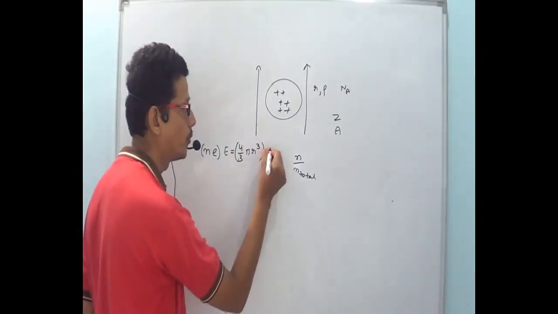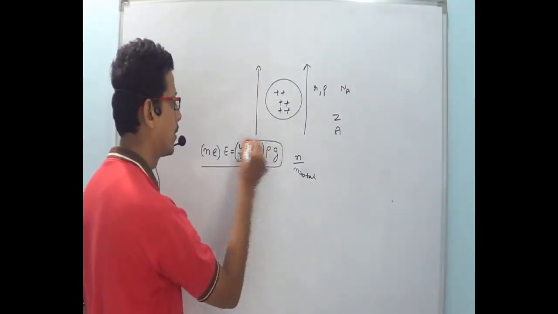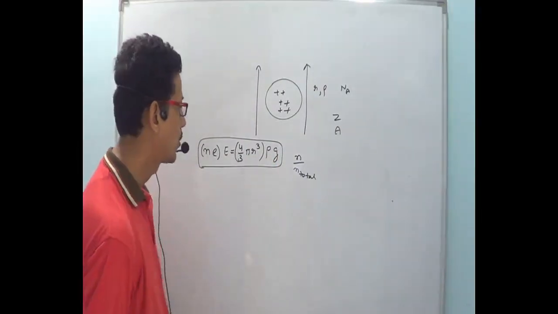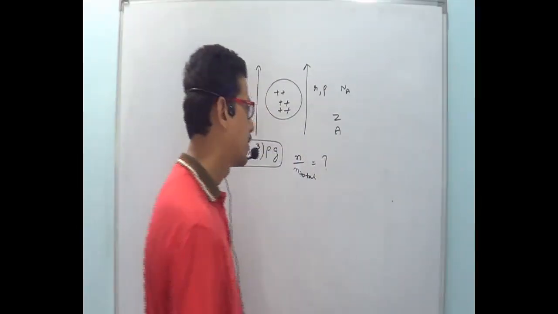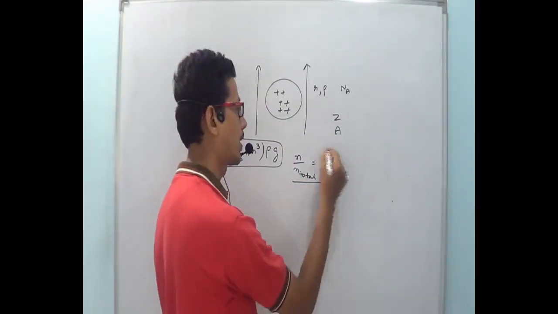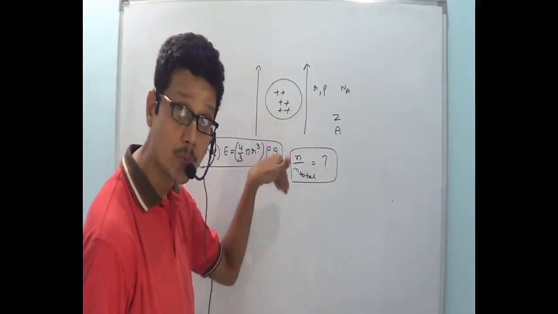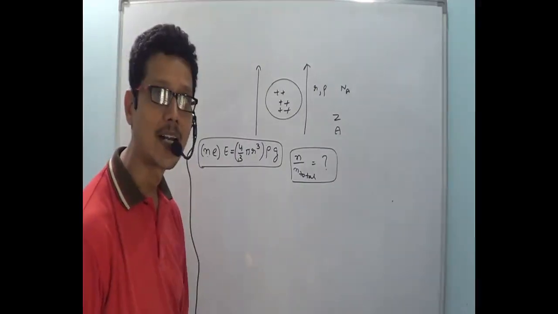Weight is nothing but volume into density into g. Okay. Here we got this n, the numerator. We have to calculate the denominator also. Then we can divide it to find the answer. Okay. This is the question. What is the fraction of electrons that must be removed so that this is in equilibrium? This is not falling down. That means electrical force is acting upwards against gravity.